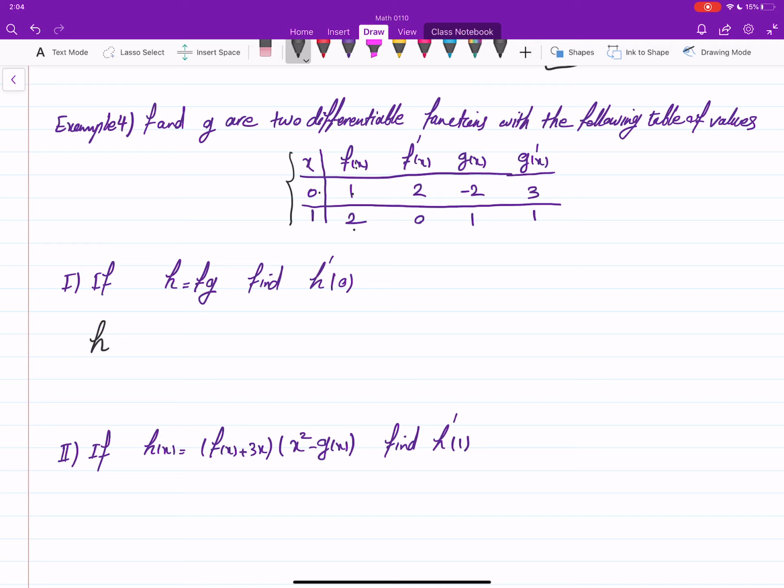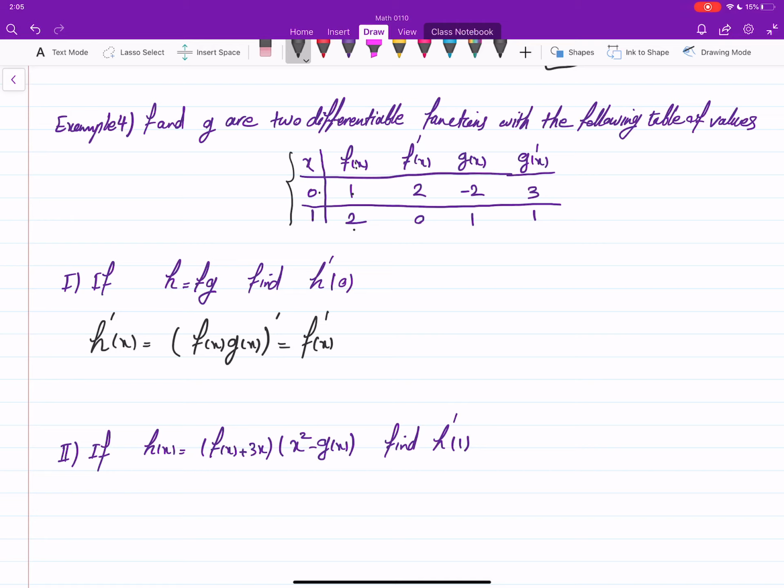Now the question is find h prime at 0. So I have to first see what h prime itself is. H of x is f of x times g of x. Now, we have a product of two things. I don't know what f and g are, but I know how to find the derivative of a product.